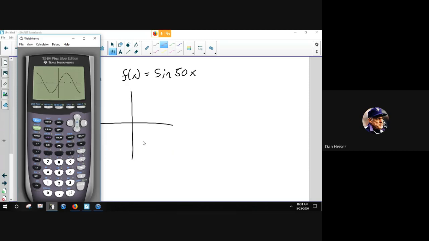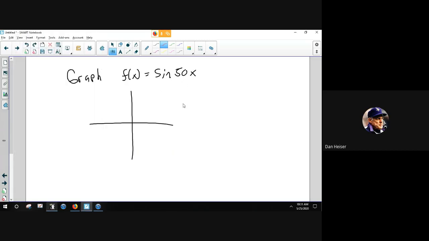Let's go back to this function for a moment, sine 50x, and review a little bit of our trig that hopefully we have not forgotten. B is 50. A B value of 50 means very, very close together waves.